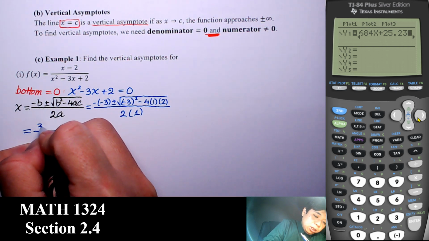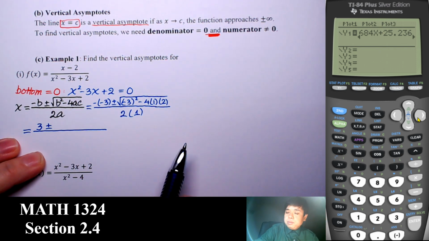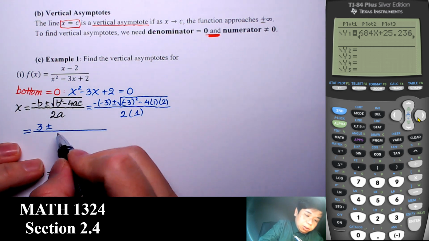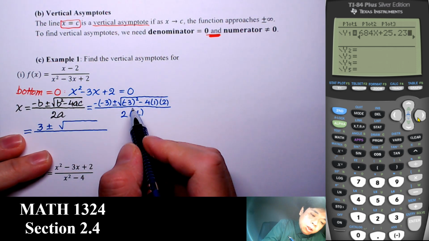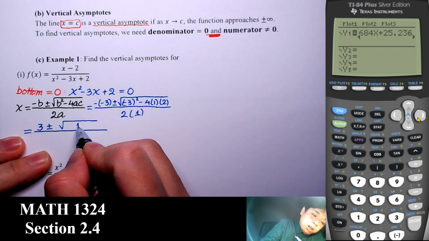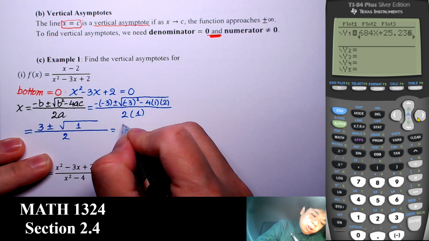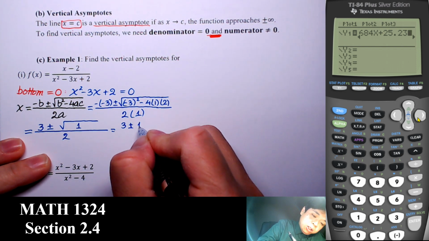So b is 3, plus or minus 3 squared, 3 squared is 9, minus 8. So this is just 1 over 2. So we have 3 plus or minus 1 over 2.